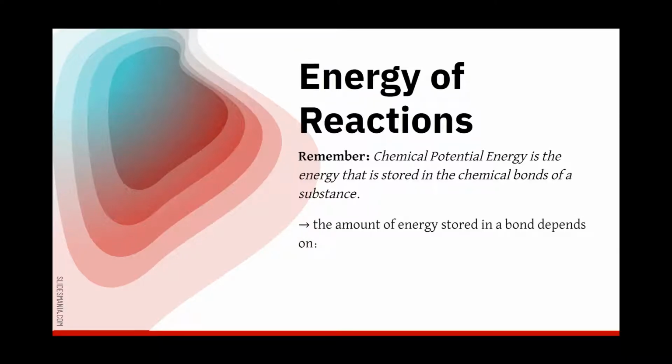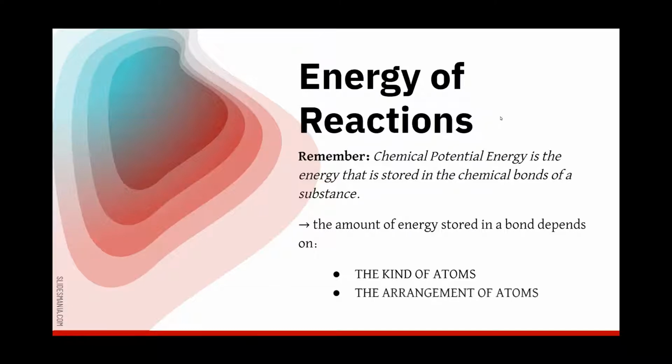The amount of energy that's stored between two atoms or in that bond depends on two different things. It first depends on the kind of atom. The amount of energy stored between two carbon atoms or a carbon and a nitrogen atom are going to be different. So we need to be looking at the kinds of atoms that are being bonded together.